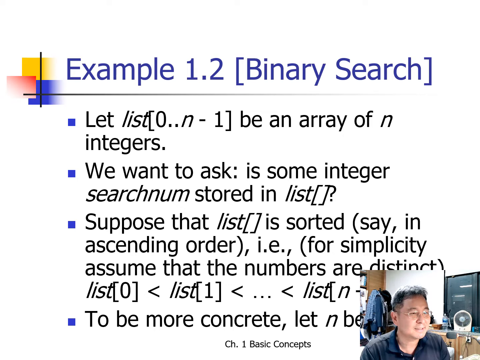So this is an explanation about binary search. This data set is stored in an array. This list is an array. The index is from 0 to n minus 1, so this array will store n items of data.